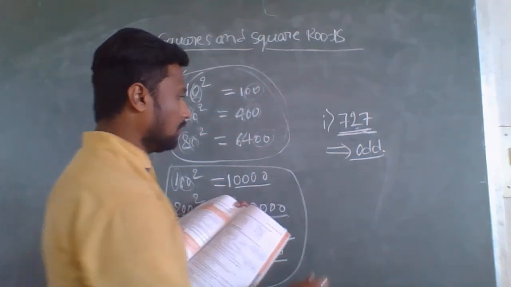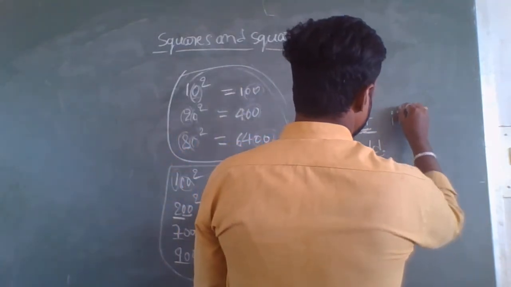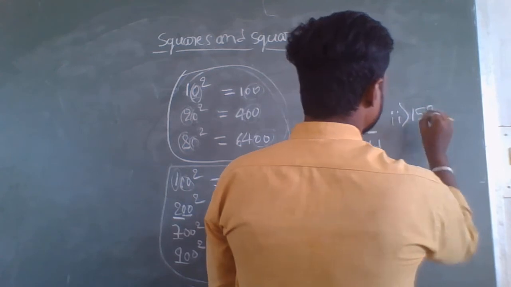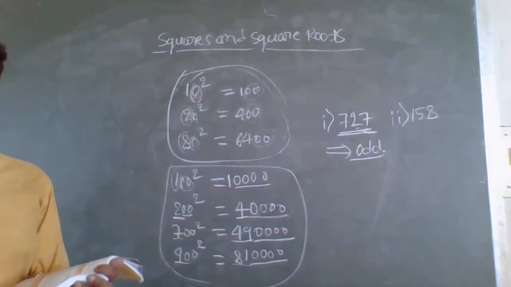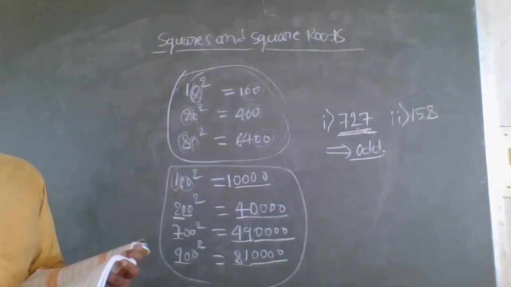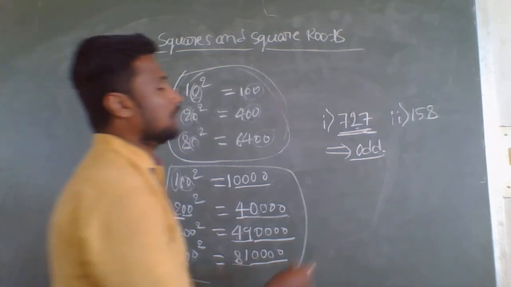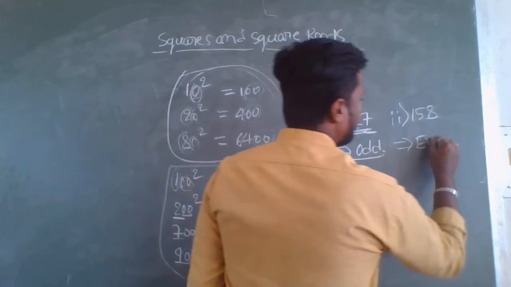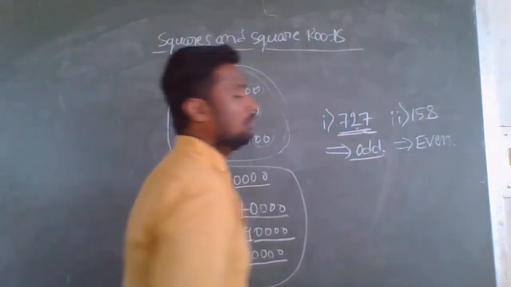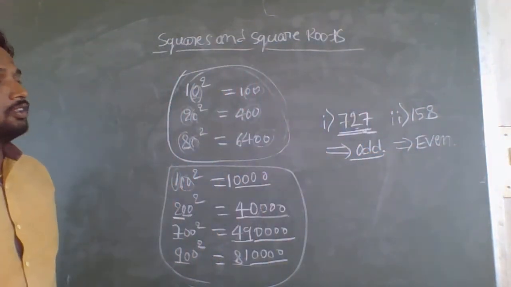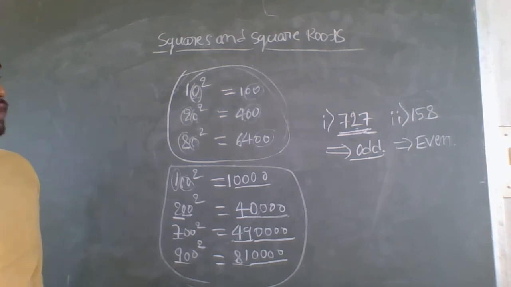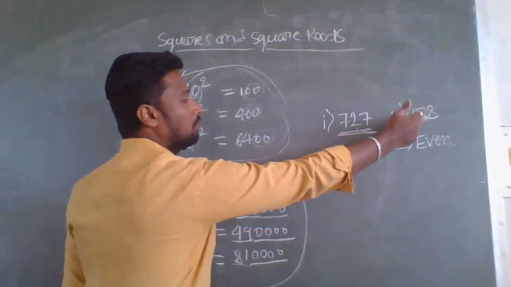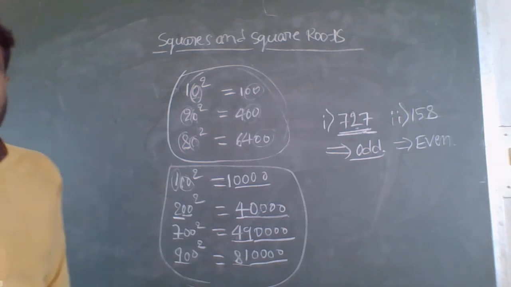The second one they have given is 158. Here 158 is an even number. So below this you can write: the square value of any even number is an even number only.